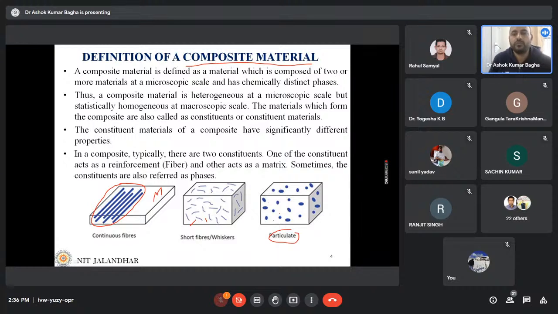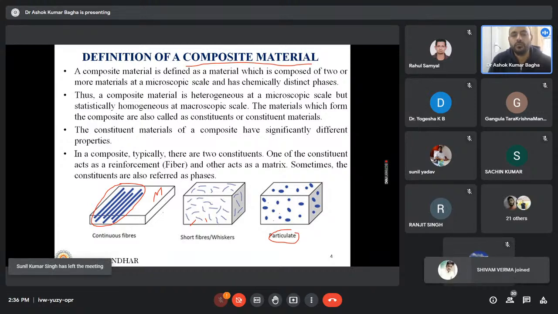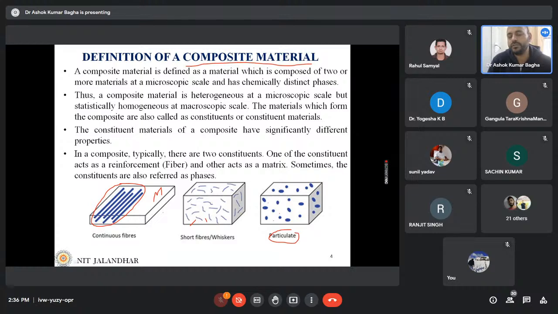So a composite material is a combination of two materials. One is weak in terms of mechanical properties, and the other is strong compared to the weak material. Most of the time plastic is used as the weak material, and glass fibers are reinforced in it to improve its mechanical properties, in terms of specific strength as well as specific stiffness.